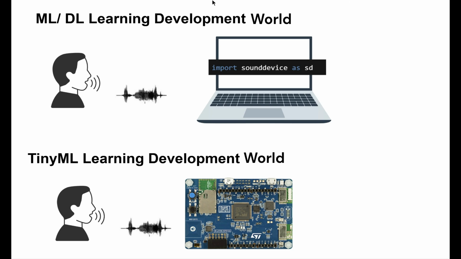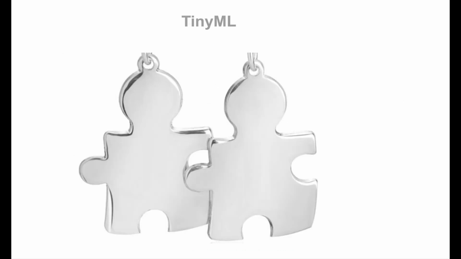And that's the key reason why TinyML is more challenging. You don't just need machine learning knowledge to train and test a model on the PC. You also need embedded system knowledge to make the same model work on the microcontroller with limited hardware resources.